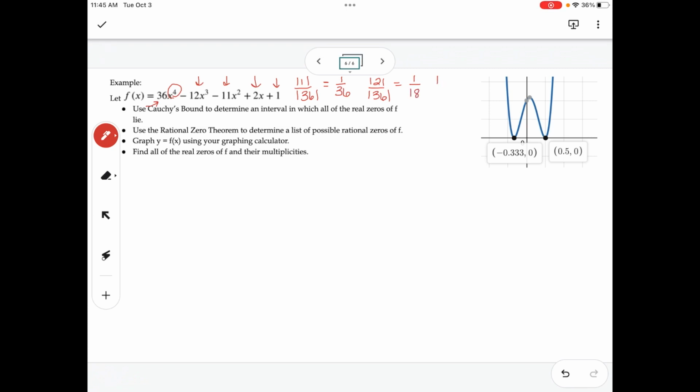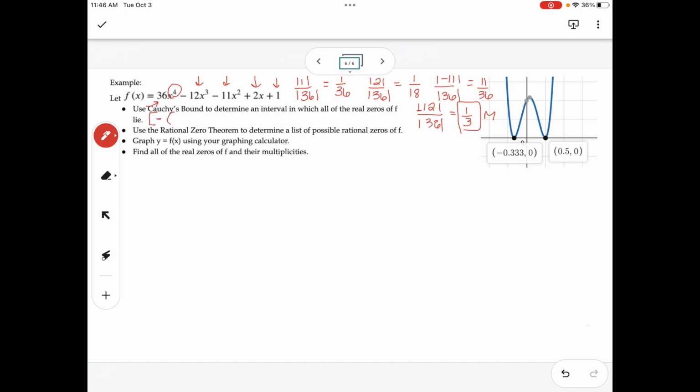We'll have the absolute value of negative 11 over the absolute value of 36, which is 11/36. We'll have the absolute value of negative 12 over the absolute value of 36, which of course is 1/3. It looks like our largest value is 1/3, so 1/3 gets to be our m value.